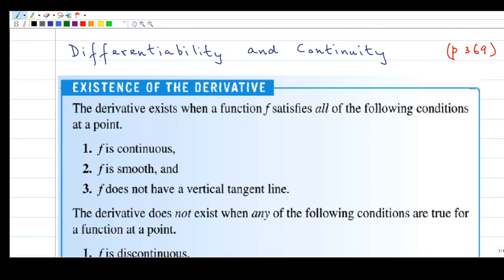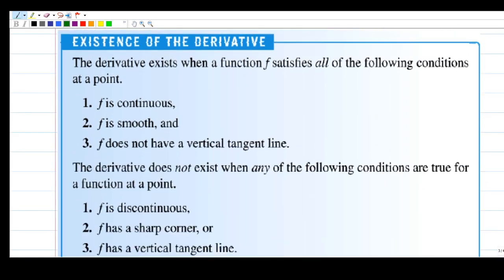So the derivative exists when a function satisfies all of the following conditions at a point.